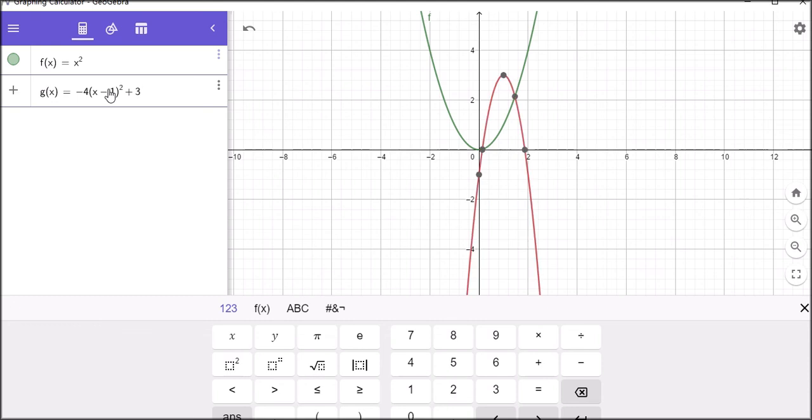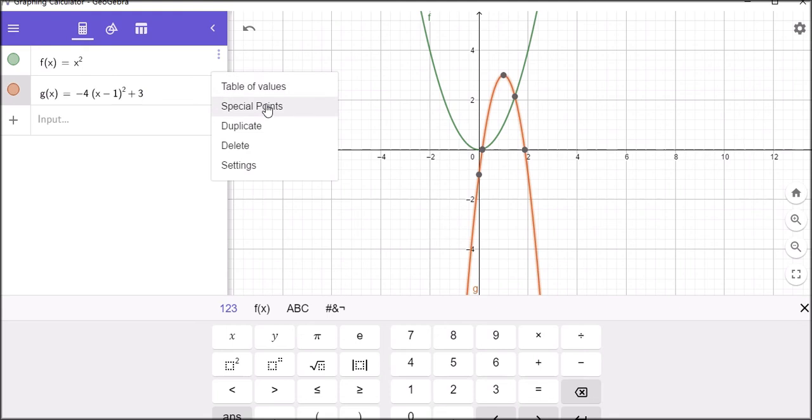So a is negative 4, k is 1, c is 3, and d is 1. We can see the critical points and special points here.